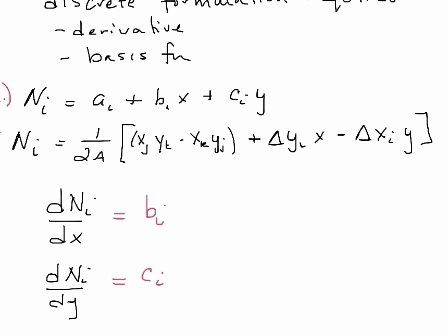We'll use equation 2 to further say that this is equal to delta yi over 2a, and the derivative of ni with respect to y is equal to minus delta xi over 2a. And now for node i, we have an expression for the basis function and the derivative of the basis function. Likewise, the weight functions, since we've made the Galerkin approximation.